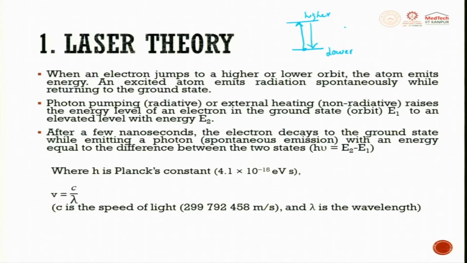So, when it is decaying, coming down from higher to lower, there is a spontaneous emission. What is photon pumping? Something has to give the energy so that it goes from here to here; that is called photon pumping. I pump energy, right. Photon pumping or external heating raises the energy level of an electron in the ground state to the elevated state, which is E1 to E2.